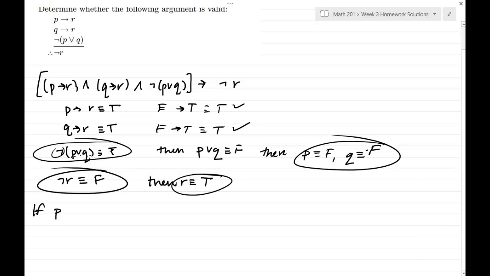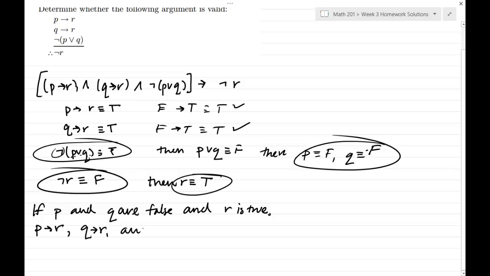if P and Q are false and R is true, P implies R, Q implies R, and negation of P or Q are true.